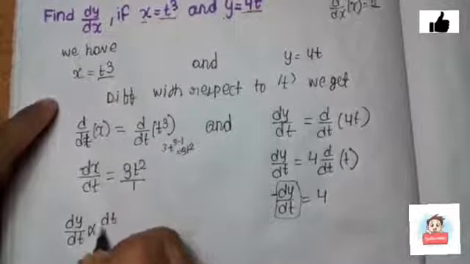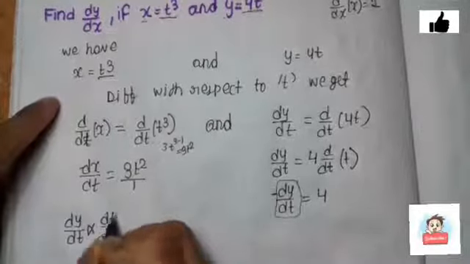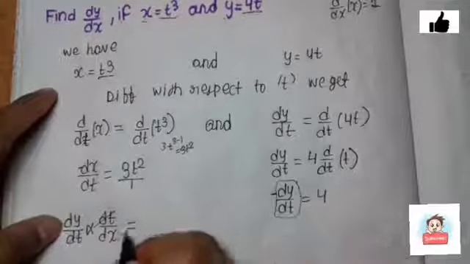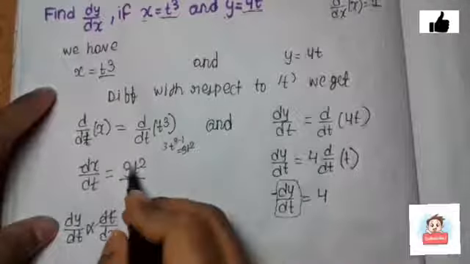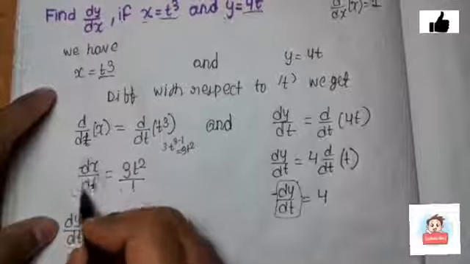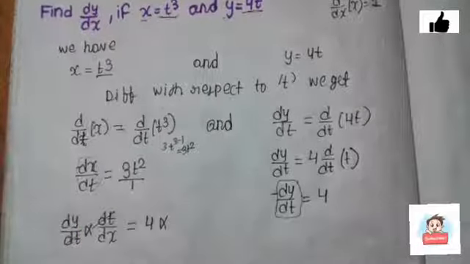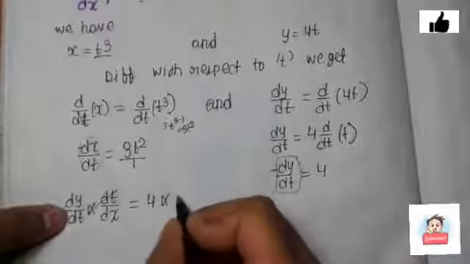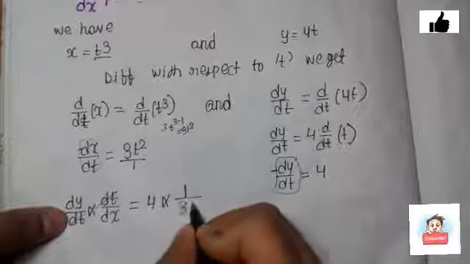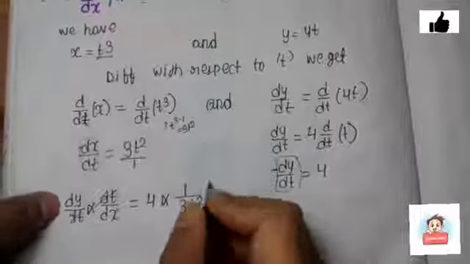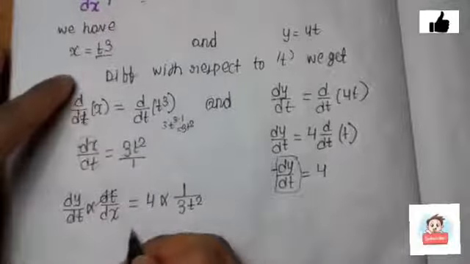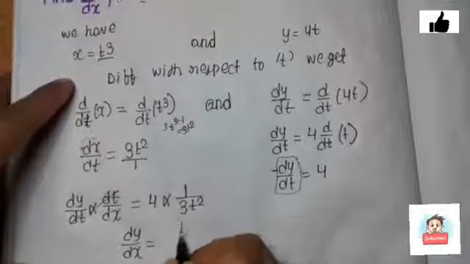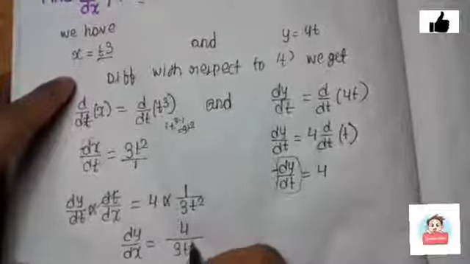So we will write dt by dx. Basically this will cancel, and as dy by dt is the same, we will write 4 times, as this has been changed, dx has been brought in the denominator, so we will write here 1 by 3t squared. So we see that dy by dx equals 4 by 3t squared.